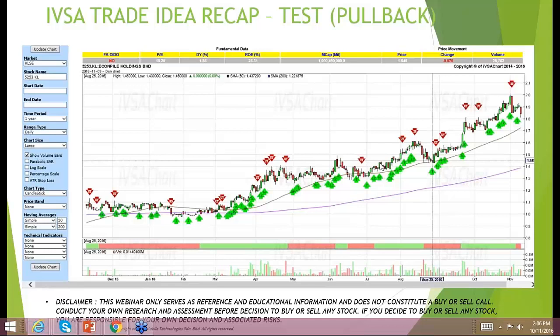I use eCompile first as the example. eCompile came out in our 18 iVSA trade idea at around $1.40. I have been mentioning this stock, but I have not really gone deeper and talked about how we can look for opportunities to buy this type of stock.